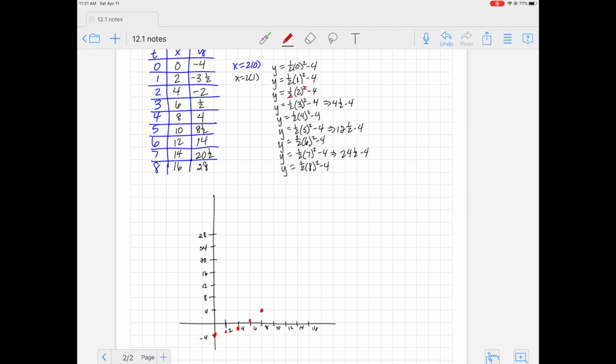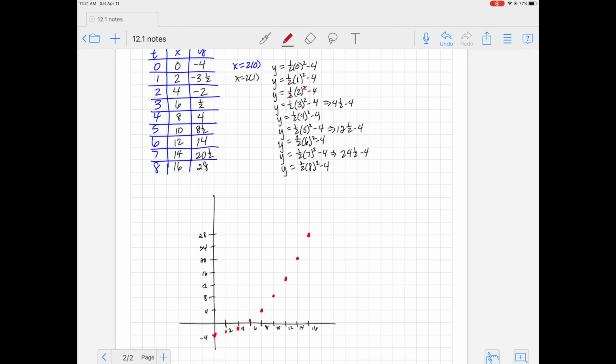I have the point 10, 8.5. So just barely above that. And then I have the point 12, 14. So 14's halfway between there. Then I have the point 14, 20.5. And 16, 28, right?